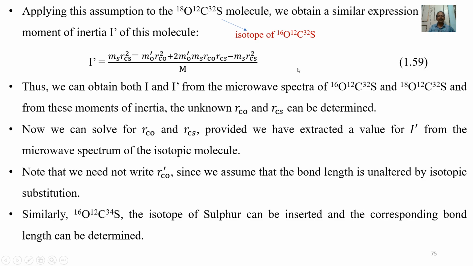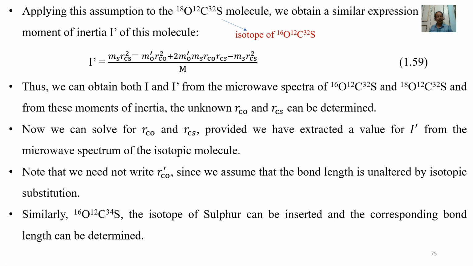So these two unknowns can be obtained easily. Now we can solve for r_CO and r_CS provided we have extracted a value for I dash from the microwave spectrum of the isotopic molecule. Note that we need not write r dash CO since we assume that bond length is unaltered by isotopic substitution.